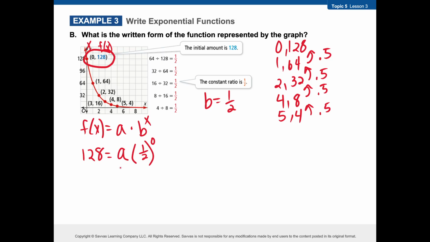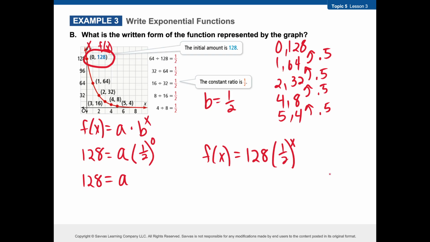Anything to the 0 power is 1, times A is A. So A equals 128. So 0, 128. Your y-intercept is also your initial amount. So sometimes on a graph you can already see that it's there. So f of x equals my initial amount, 128, times 1/2 to the x power.